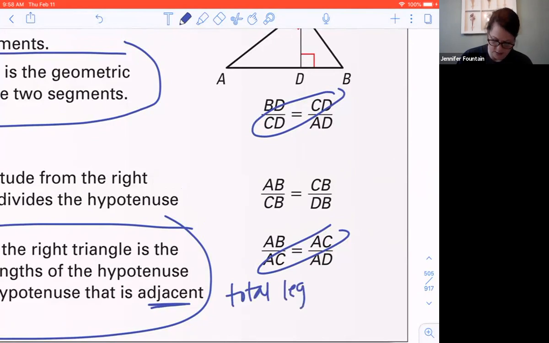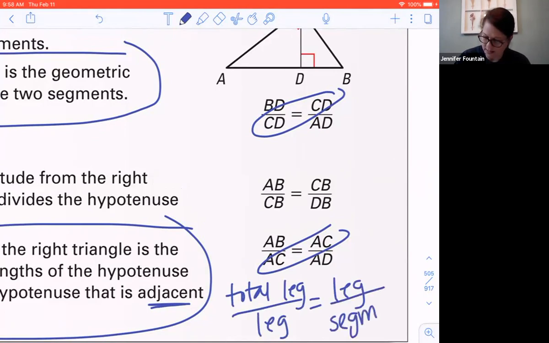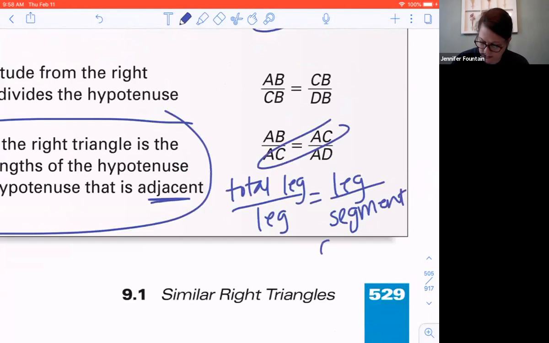Total leg over leg is equal to leg over segment adjacent to the leg. And so there will be a time that we look at this in a little bit. So that was just kind of a note that as I was going through, this is going to help you, because especially when I always have to look at my figures and relate back, okay, this one's AB, but in this figure it's EF. So by just saying, hey, I'm going to look at my total leg length.